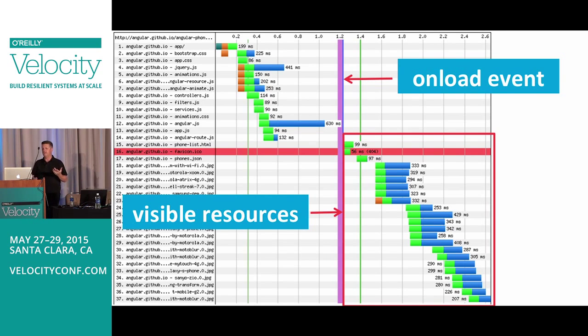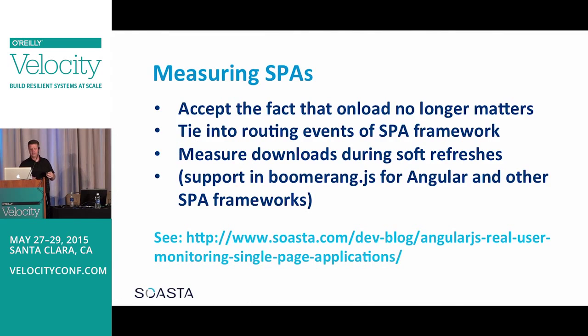So it's created a challenge for us, and something that we've been focusing on a bit at SOASTA, and the Boomerang team has been focusing on quite a bit. The thing I wanted to call out about measuring SPAs is that we really just need to accept that onload no longer matters. You can tie into the different routing events for the SPA frameworks, but keep in mind that's not necessarily going to give you the download time for the resources that existed within that hard or soft navigation.